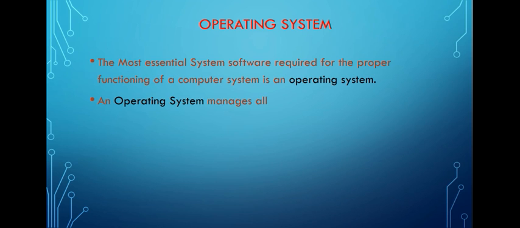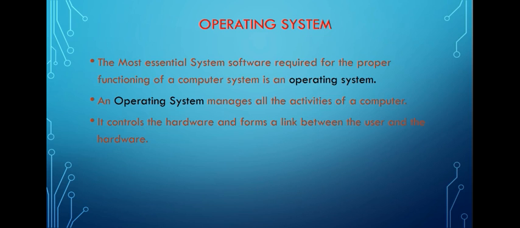An operating system manages all the activities of a computer. So all the work that we do on a computer is controlled by operating system. Only with the help of operating system we can perform different activities on the computer. It controls the hardware and forms a link between the user and the hardware.